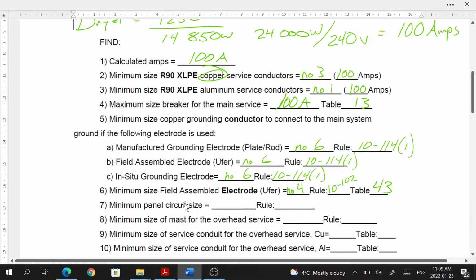Okay, minimum panel size. When you talk about panel circuit size, that's how many breaker spots are in that particular panel.